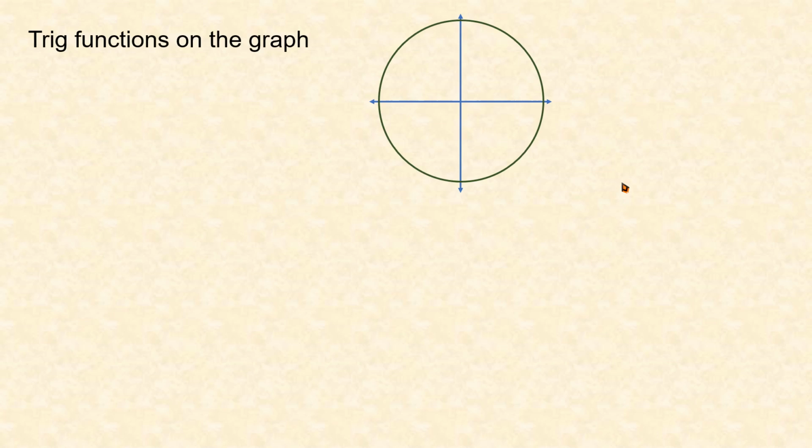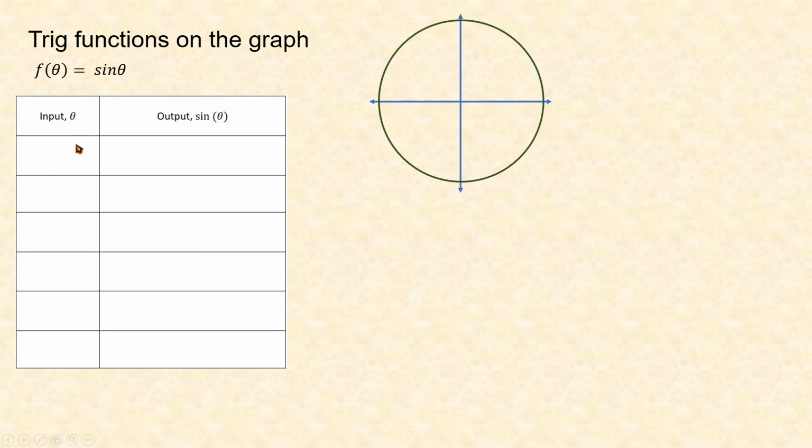Let's talk about trig functions on the graph. So what is a trig function? It's in this form, like f of theta is equal to sine theta. The input is an angle, you take the sine of that angle, and you get your output. So say they give you pi over 4. What is sine of pi over 4? Pi over 4 is 45 degrees, right?